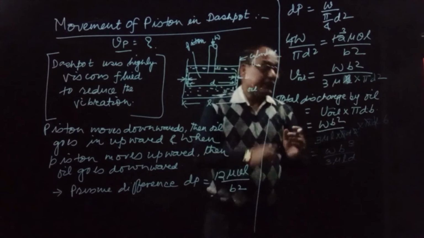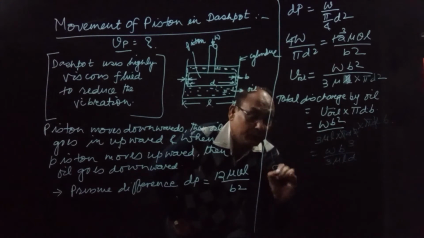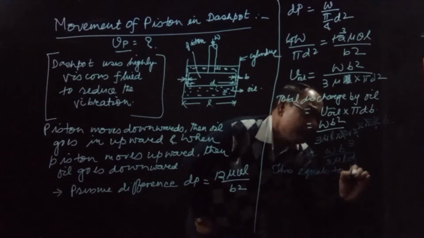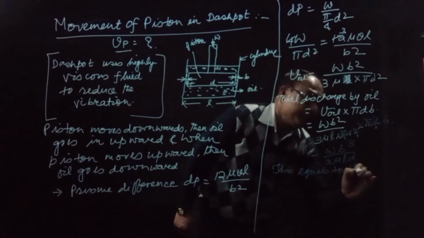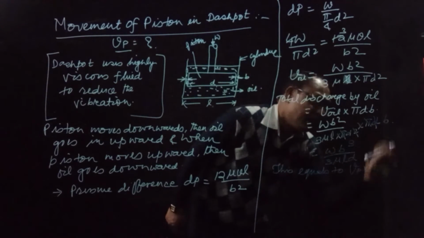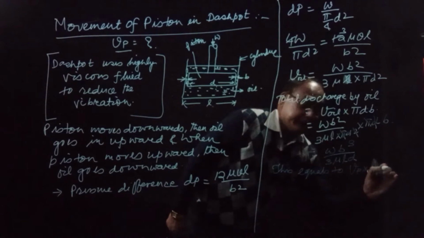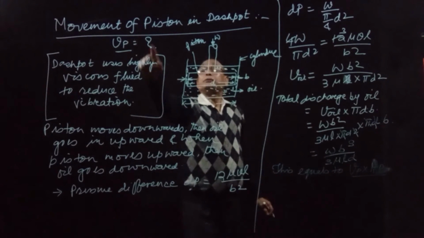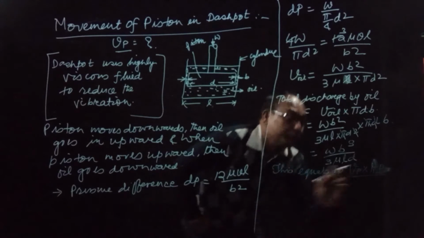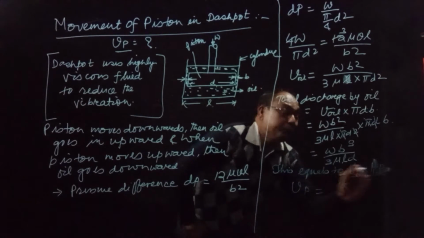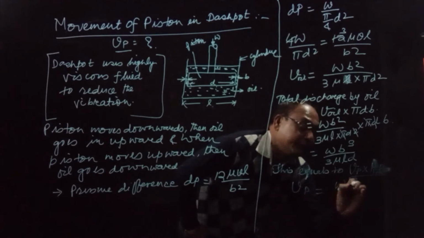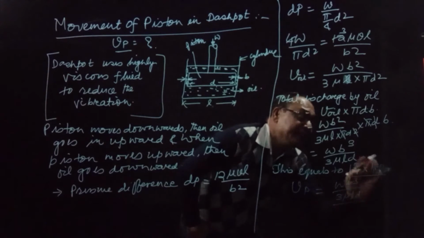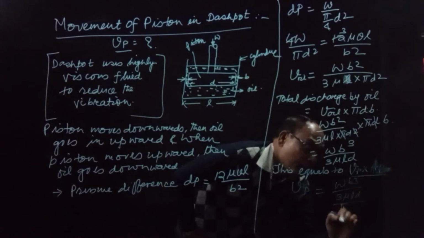But remember, this is the total discharge by the oil. This equals the velocity of the piston into the area of the piston, because we have to find out the piston movement velocity. So Vp will be equal to W B cube divided by 3 mu L d, divided by the area, which is pi by 4 d square.